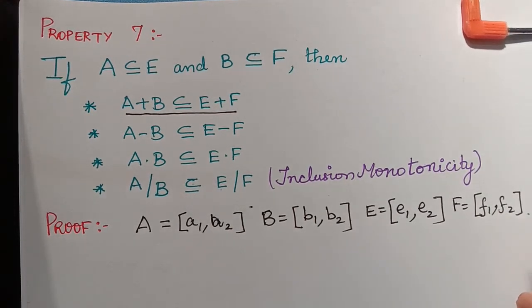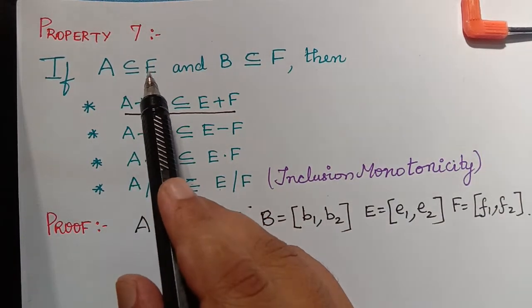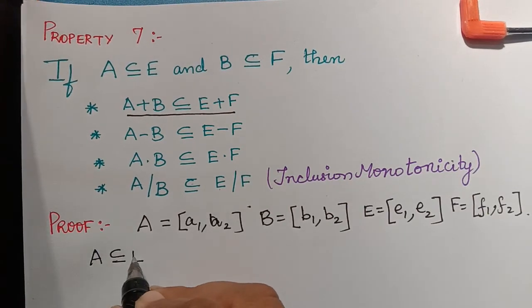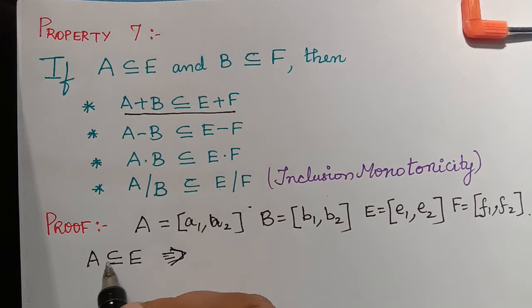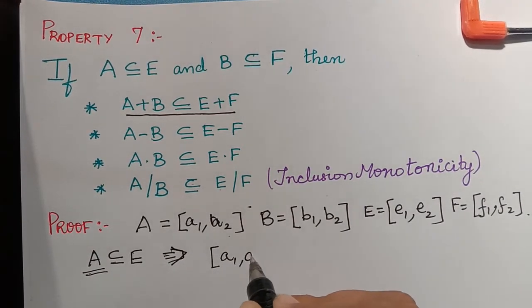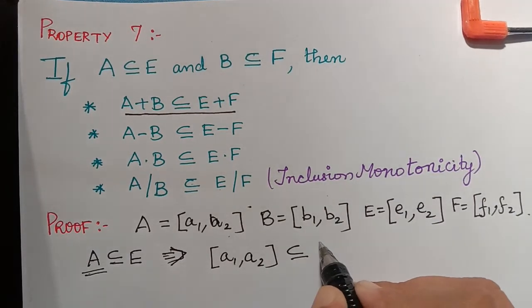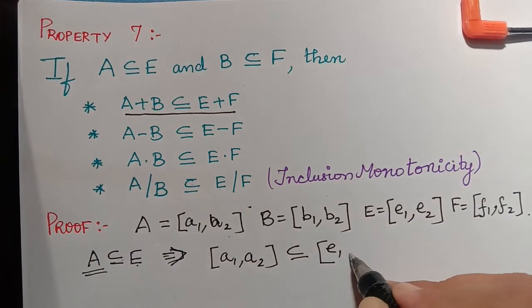Now it is given that A is a subset of E. So from this we can say that the interval A, that is A1 comma A2, is a subset of the interval E, which is E1 comma E2.